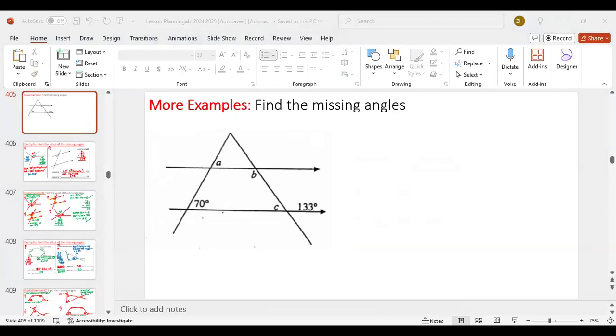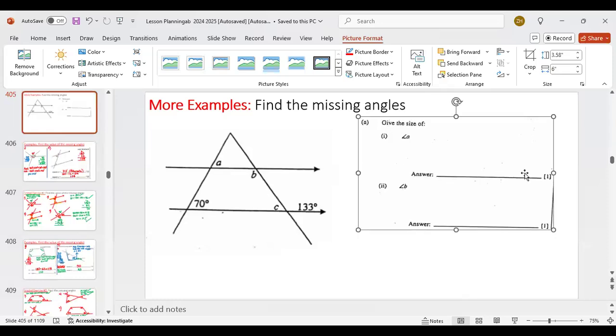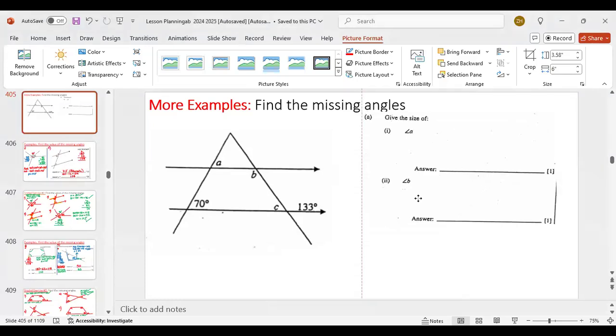So we want to find, just without the curve, the size of angle A. I'm going to find the size of angle B. I'm going to find the size of angle C. All right, that's what we want to do. So that's our goal. So please write this down for me.